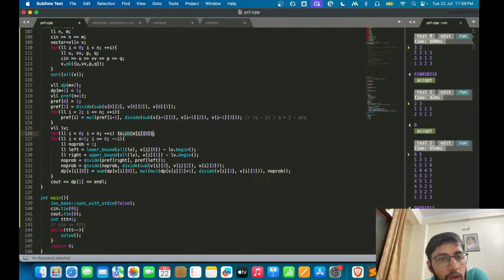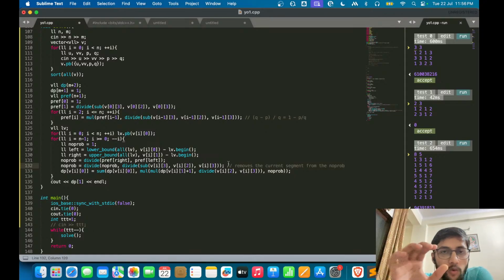Also, this line removes the current segment from the no probability. This is important because whatever bound, whatever left to right we got, this will also include our current segment, correct?